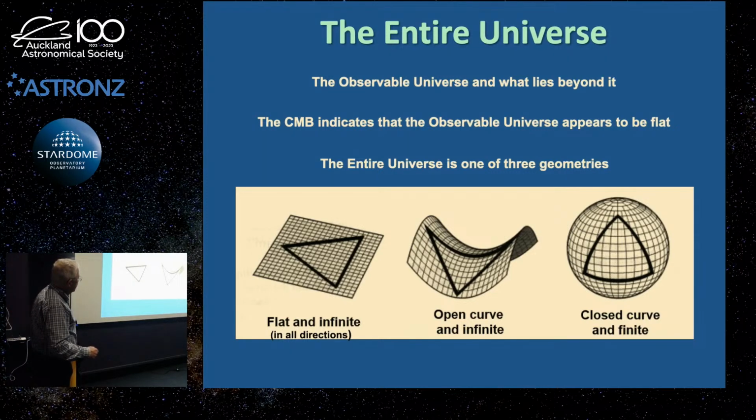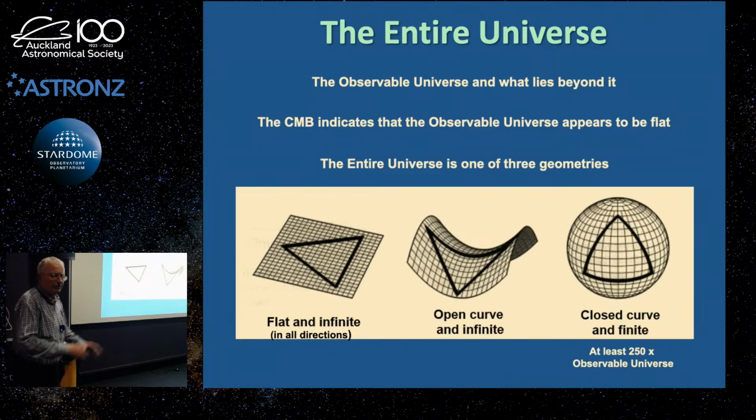Now, the laws of geometry say, and we all know this, that if you get something round, the Earth's a classic example, we know the Earth's round, but if you're small enough, like we are on the surface, looking at a certain distance, it appears to be flat. Like if you get a beetle on a basketball, the beetle would tell you that ball is flat, but we stand back, it's not. So the laws of geometry say that if you've got a closed spherical object, and a region that appears to be flat from the surface, the closed curve must be at least 250 times the size of that observable aperture.